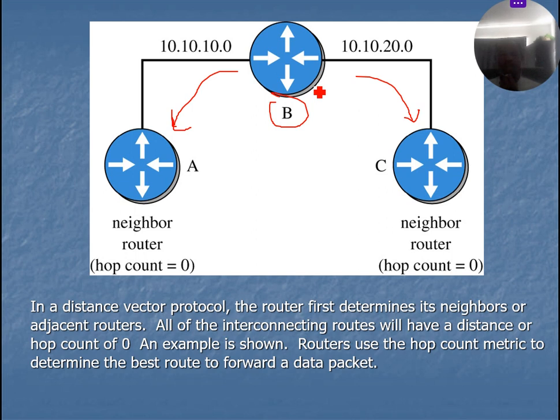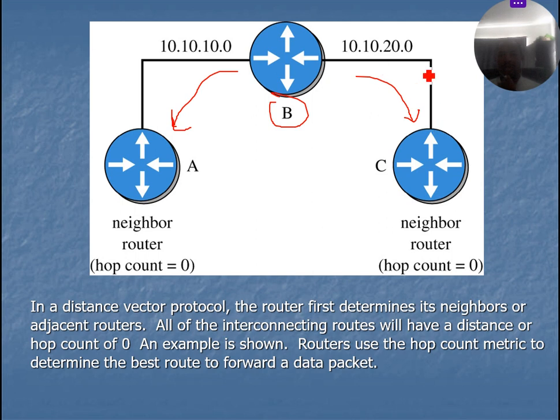All of the interconnecting routes will have a distance or a hop count of 0, because the route itself has not reached any router.